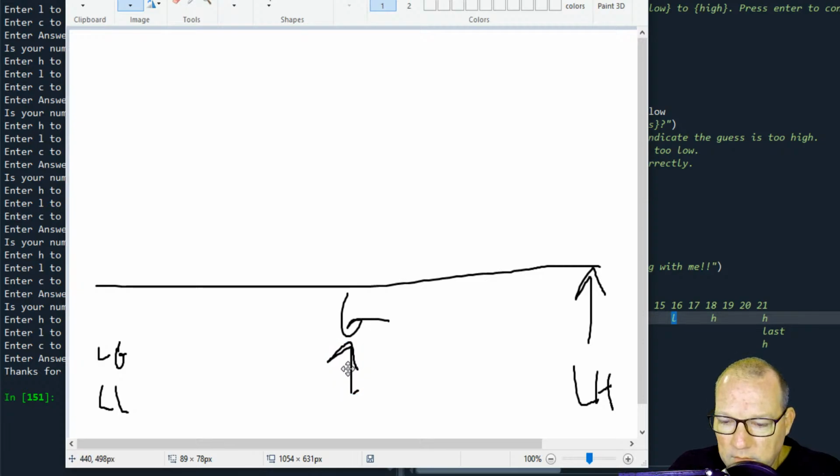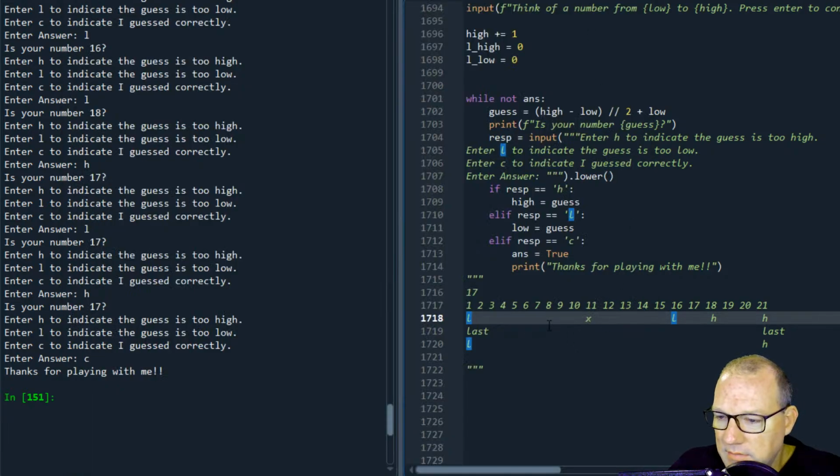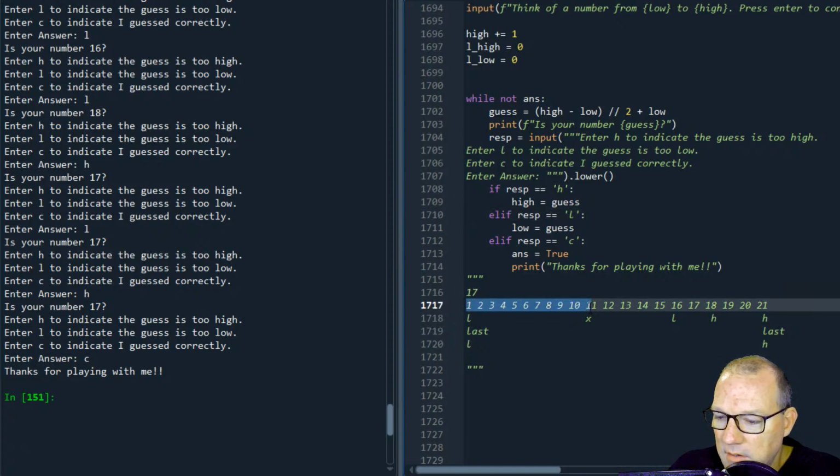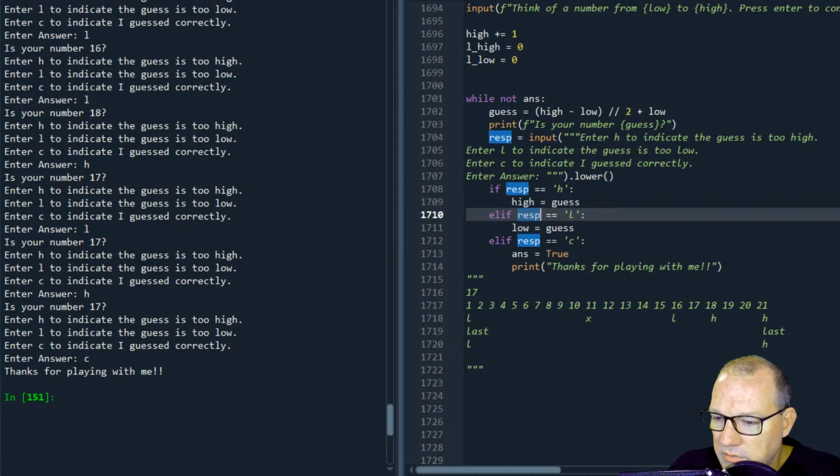All right, so we move our guess here. And then our low guess needs to stagger. It needs to be one level behind because it needs to hang back. So let's do this. We're just going to do the case of the low. So the response equals too low.